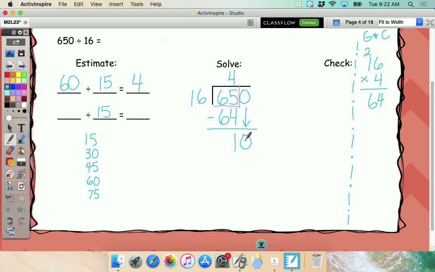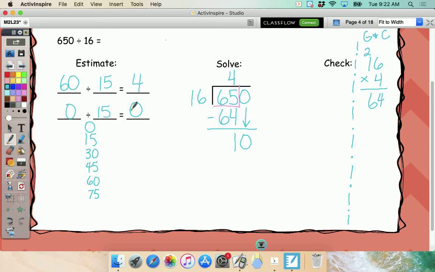Okay, so I've brought down a number, and it's not going to work. I can't divide it into 15 groups, so what do I need? 0. So do you remember this yesterday? We had one like this. I'm going to go ahead and write my zeros here. Okay? And what I need to remember is that when I skip count, I really need to start with 0 every time.